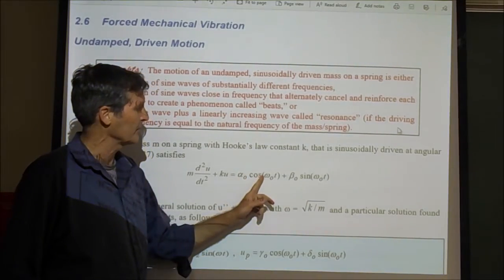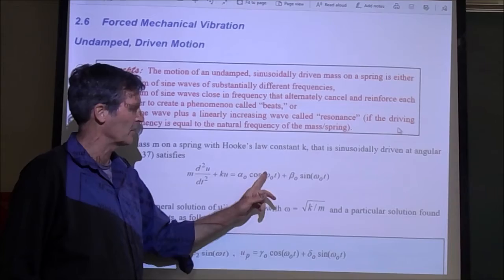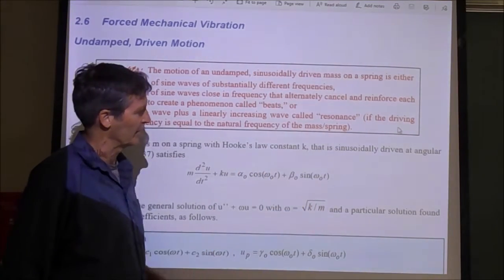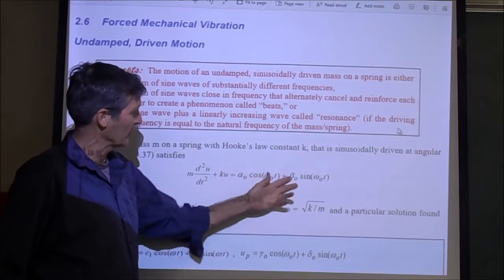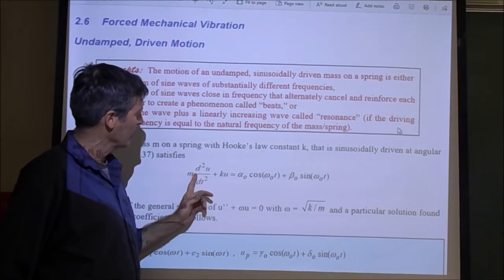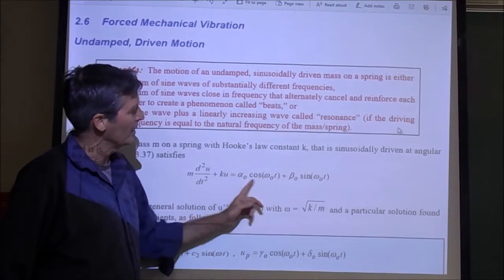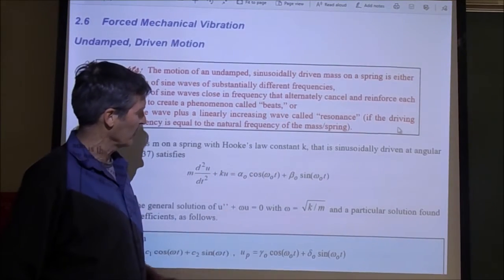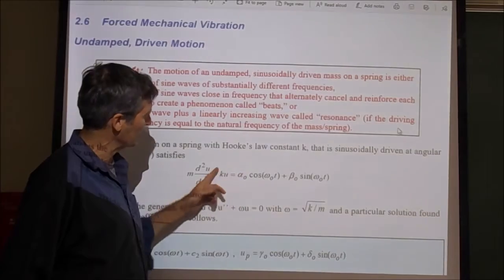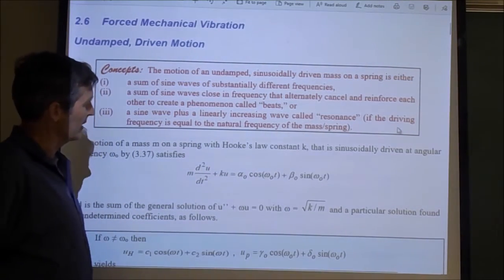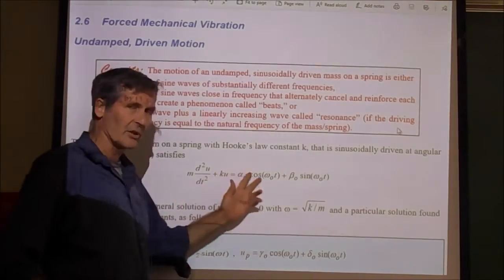Remember, if you take two sine waves, sine or cosine, of the same angular frequency, they add to a single sine wave of that same frequency. We'll put the ku over on the left instead of minus ku on the right, just for convenience here.